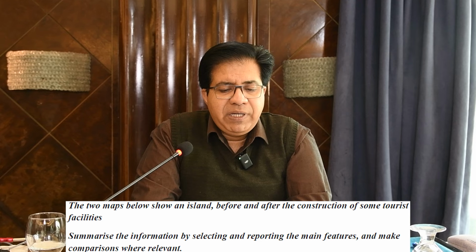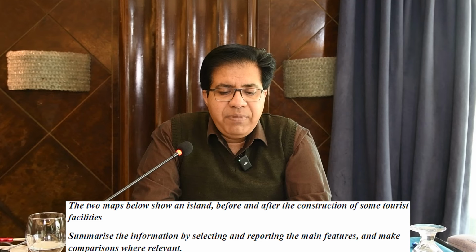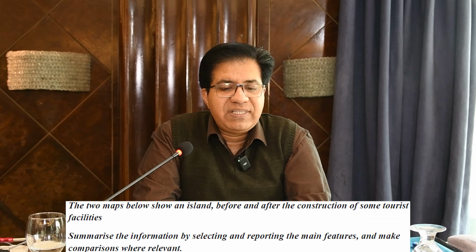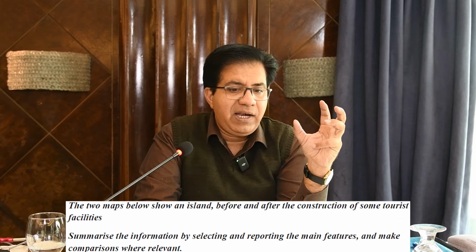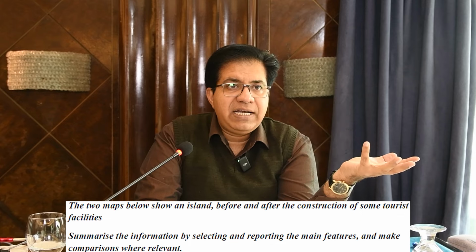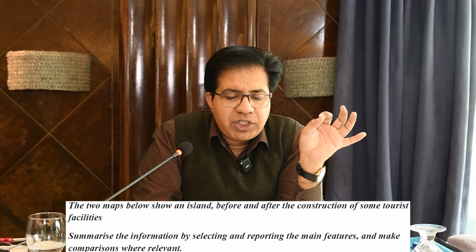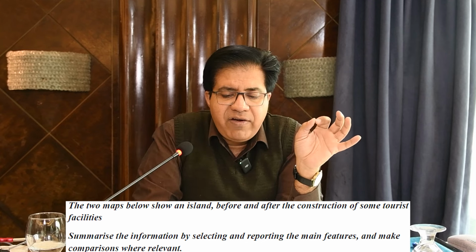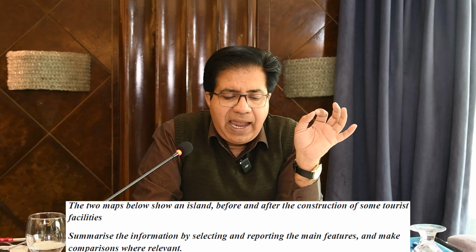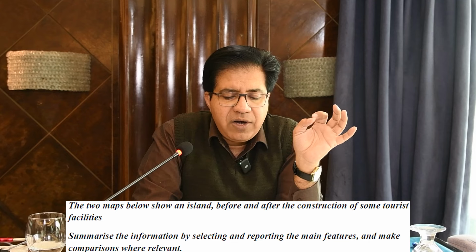The 2 maps below show an island before and after the construction of some tourist facilities. Now imagine an island before tourist facilities and after tourist facilities. Summarize the information by selecting and reporting the main features and make comparisons where relevant.